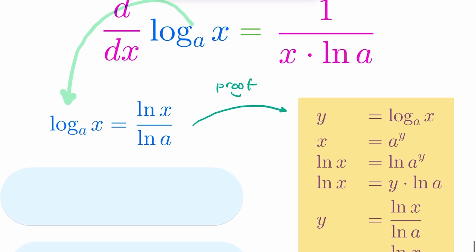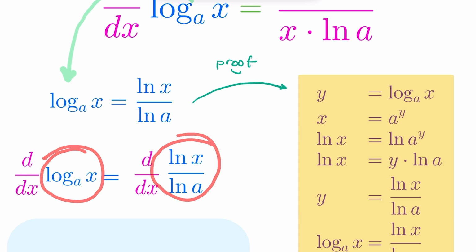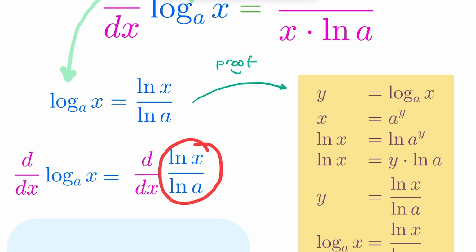So now the question becomes, how do you differentiate not that, but that? And that's a little bit easier because the denominator in this case is a constant. ln a is just a constant, so we don't need to differentiate that.